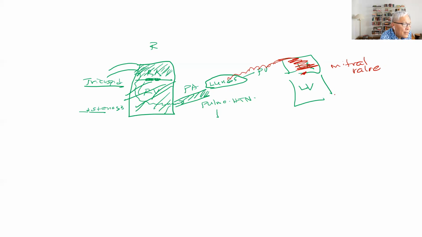And the last thing is that if you have a condition wherein the blood vessels that are the recipients of blood coming from the left ventricle are going to be constricted. And this is exactly what happens in primary hypertension.